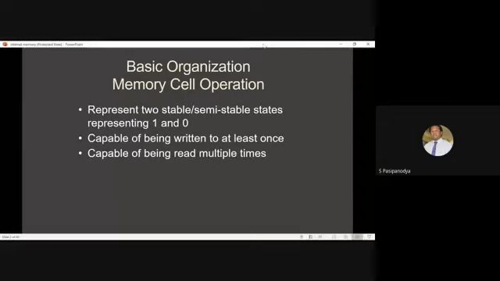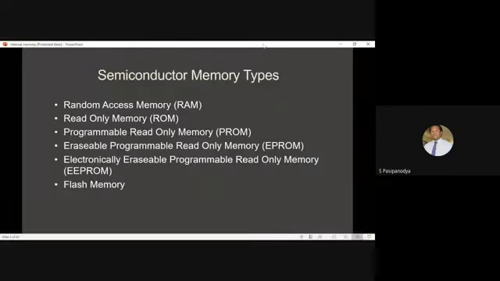So in essence, we're going to look at the memory operations of a computer, namely the types of memory that a computer utilizes to write data to memory, and the type of memory that we would prefer to use in any computing situation. Most memories within a computerized system are of semiconductor type.